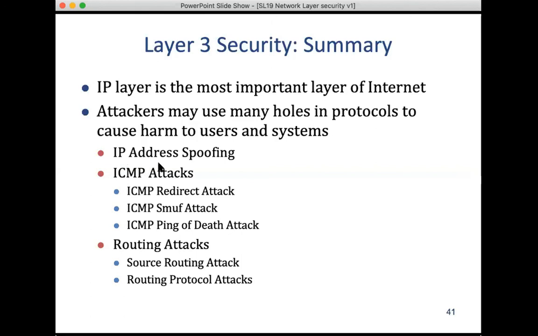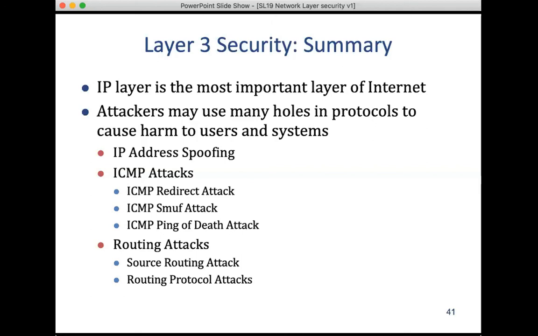All right. So we have studied IP address spoofing. We have also seen how the ICMP protocol can be exploited for different kinds of attacks, which are basically redirect attacks, Smurf attack (the spelling is wrong here), or ping of death attack. And then we have seen very simple routing attacks, which are the source routing attack and a routing protocol attack.